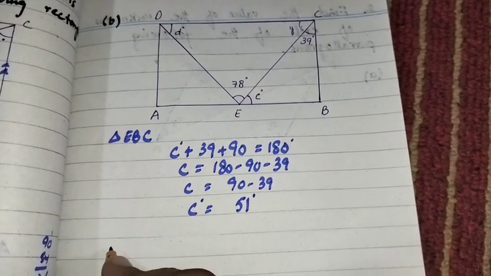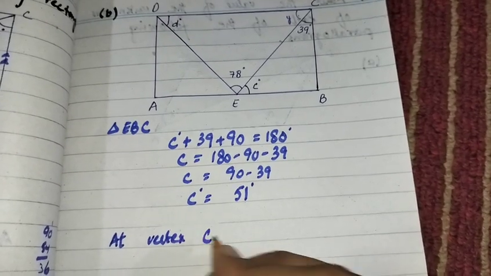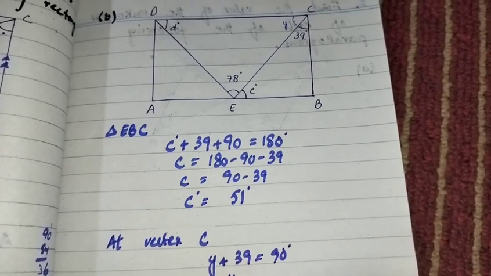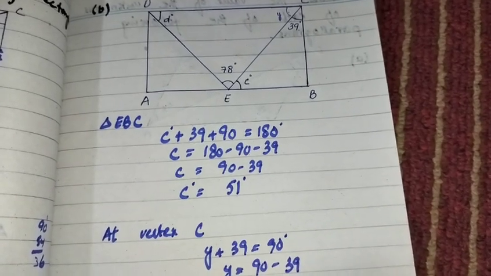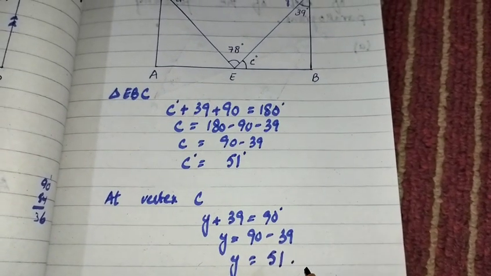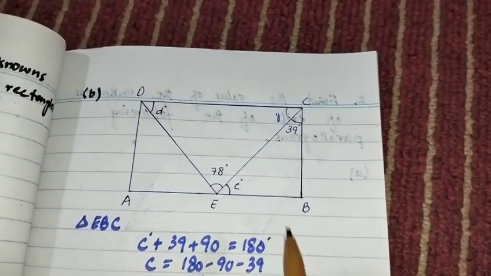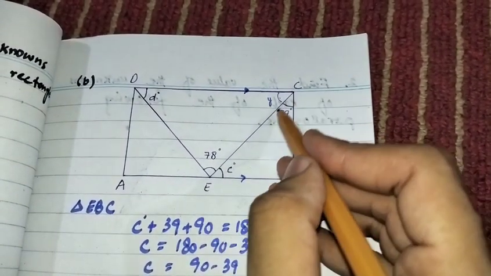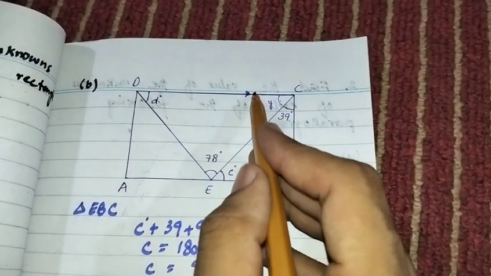So at vertex C, the sum of y plus 39 will be 90 degrees. So y will be equal to 90 minus 39, which is 51 degrees. Here you can see that in the rectangle this side is parallel to this side, and this line makes a Z with these two parallel lines.